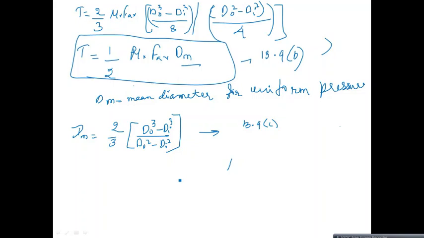This equation is available in the Alexander Handbook, equation number 13.9c. Now torque can be calculated using equation number 13.9b here.